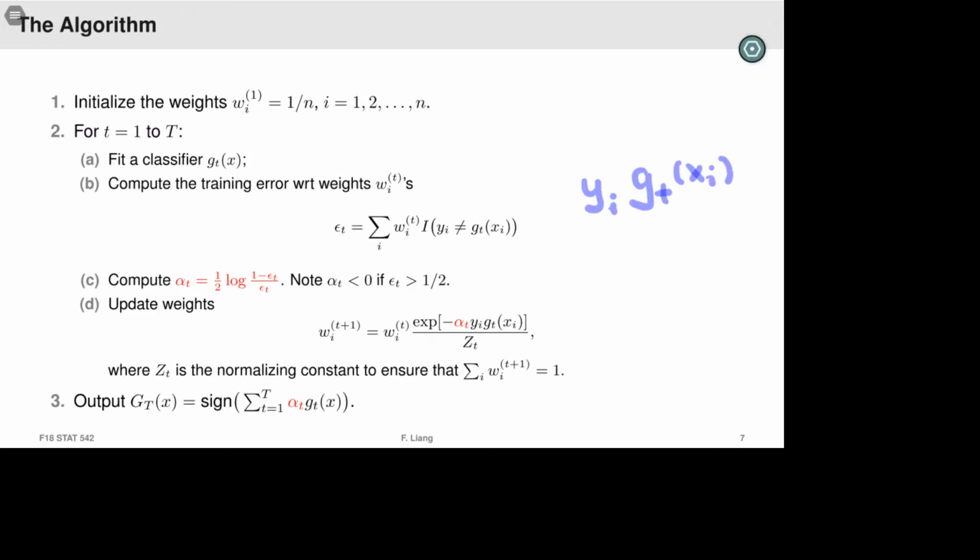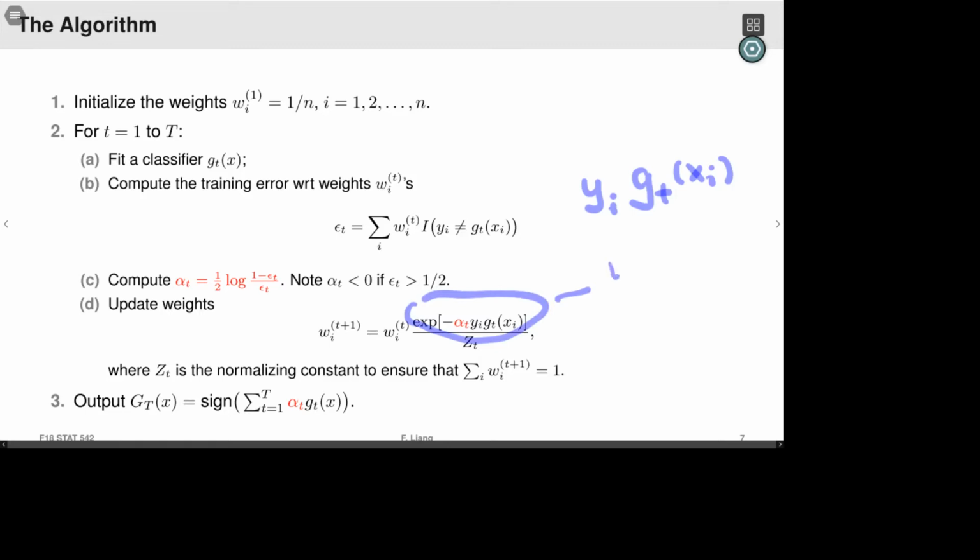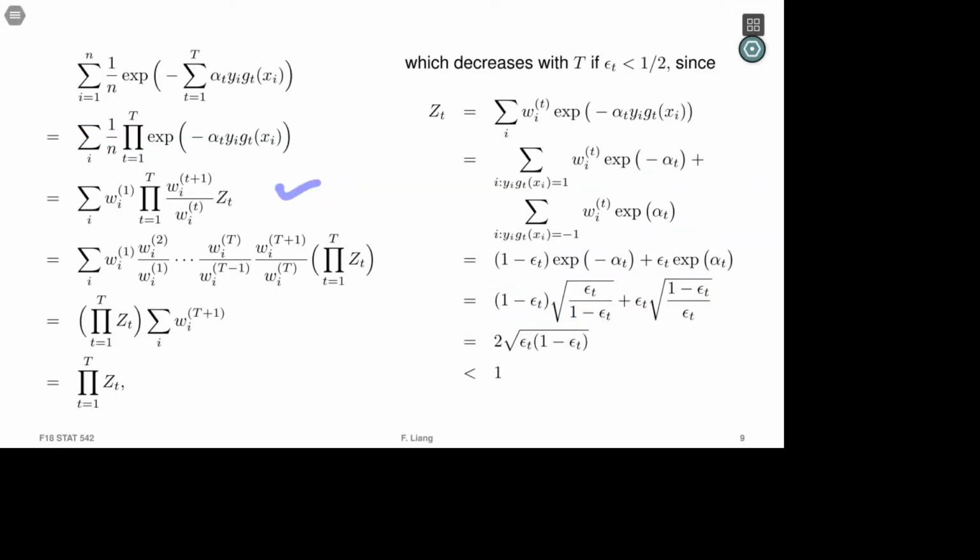So you're going to find out the exponential component is equal to the new weights divided by the old weights times Zt, right? So the numerator is basically equal to the new weight divided by the old weight, times the normalizing constant Zt. Okay? So this is what I'm doing here. And also I changed my 1 over n to be wi superscript 1 because 1 over n is the weight we use at the very beginning.